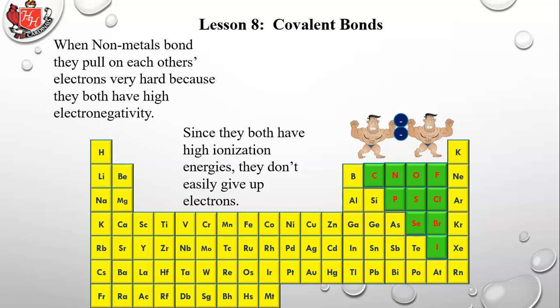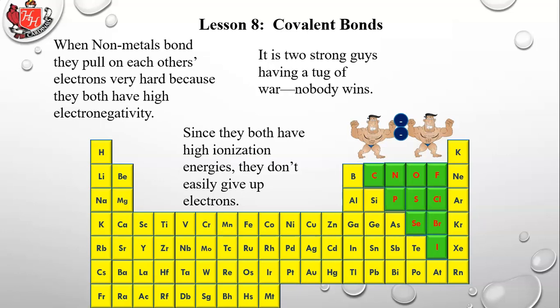So when you have two of these elements bonding, it's like two strong guys having a tug of war. They're both pulling on each other's electrons, but neither one can pull the electron away from the other because they both have high ionization energies. High electronegativity means they both pull on each other's electrons very hard, but they can't win.